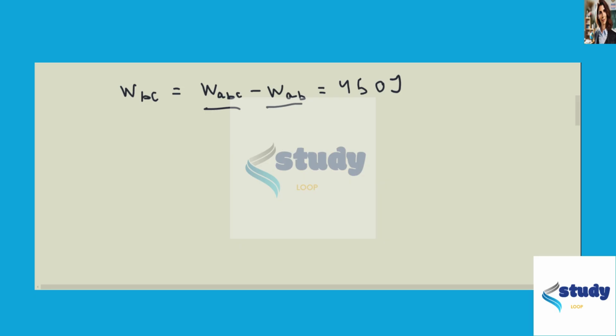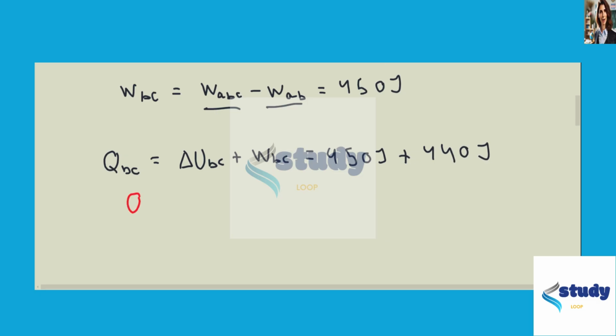Finally, the heat Q BC is going to be equal to delta U BC plus W BC, which equals 450 joules plus 440 joules. And the final value is 890 joules, which is the corresponding heat for this part of the process.